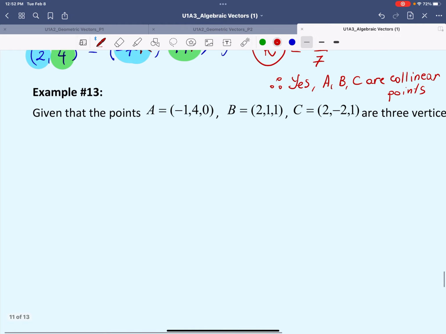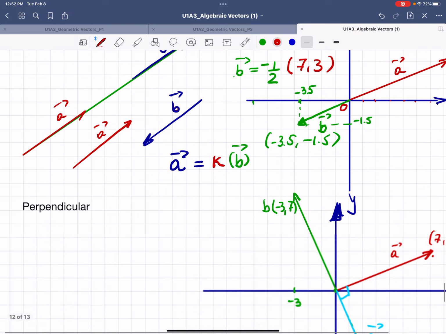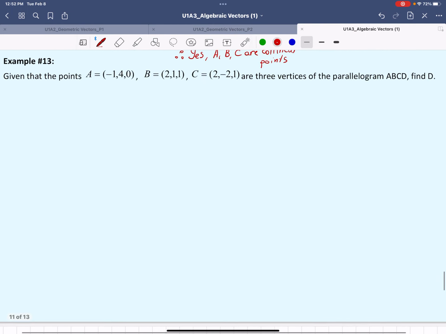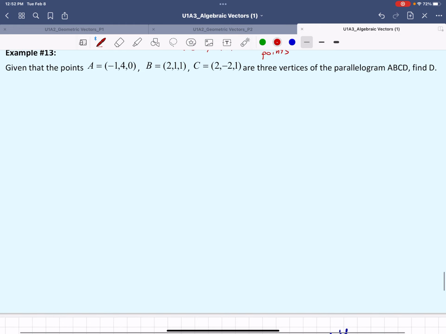All right, so I think this is going to be our last example. Yes, that is true. We have 3 points, and we are told that the 3 points given are vertices of a parallelogram ABCD, and we need to find the fourth coordinate of this parallelogram.